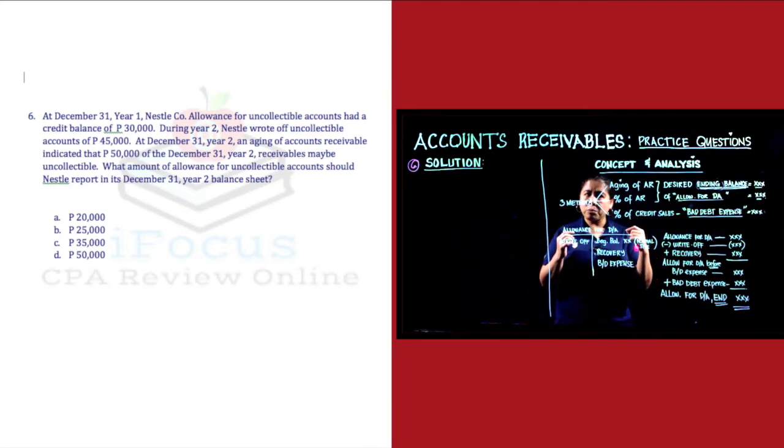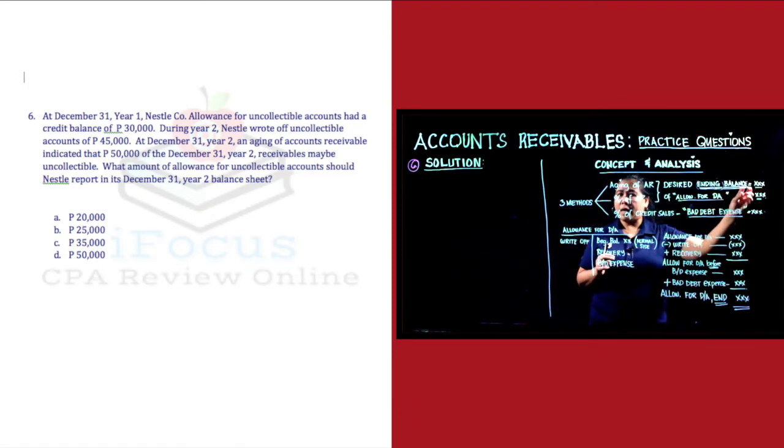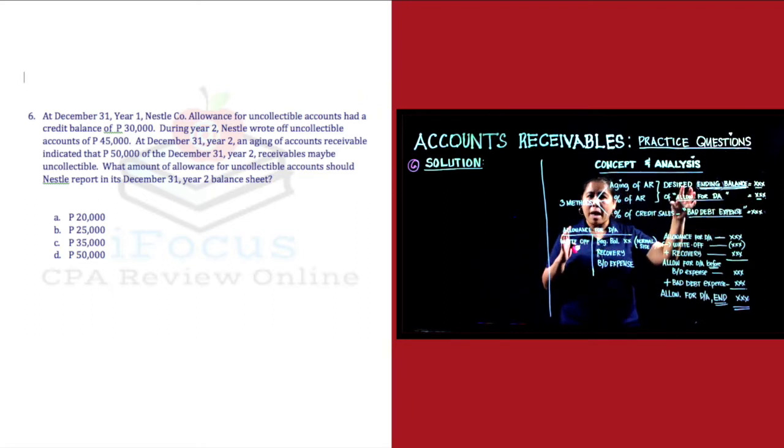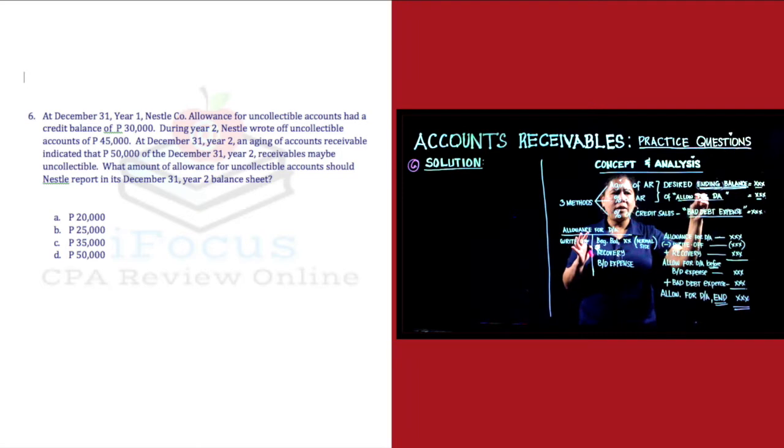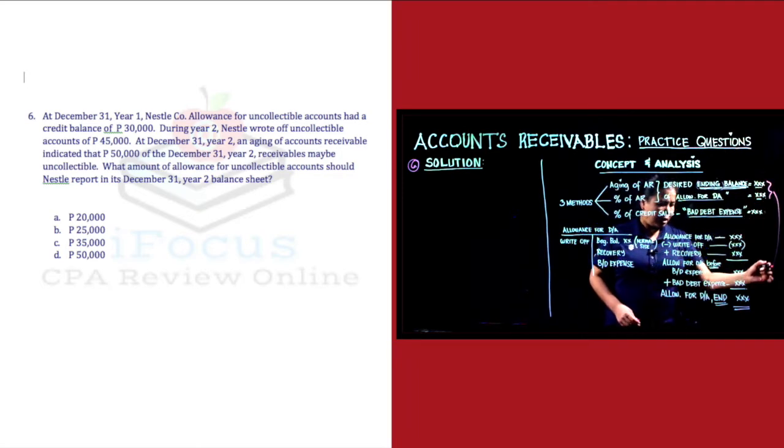Aging of accounts receivable, percentage of the accounts receivable, and a percentage of the credit sales. Alright? Kung ang gagamitin natin ay aging of accounts receivable or itong percentage of accounts receivable, yung amount na makukuha natin dyan, yan na po yung ending balance natin sa allowance for doubtful accounts. Alright? Itong amount na yan, yan ang magiging ending balance natin.